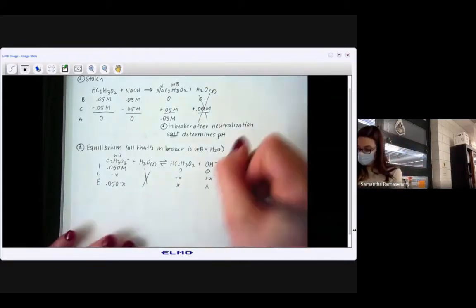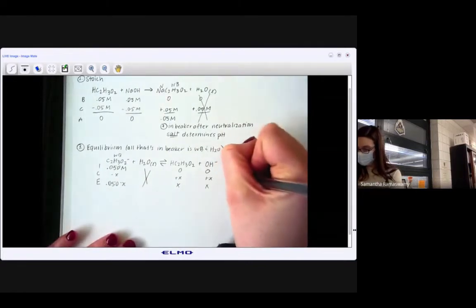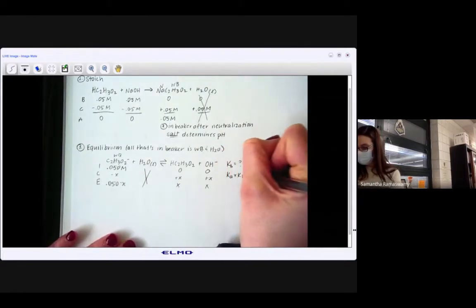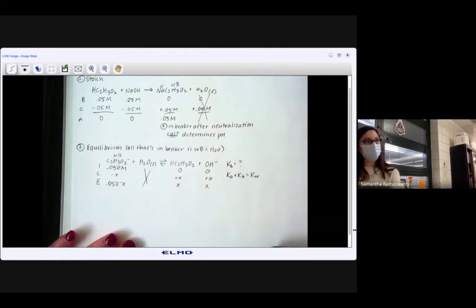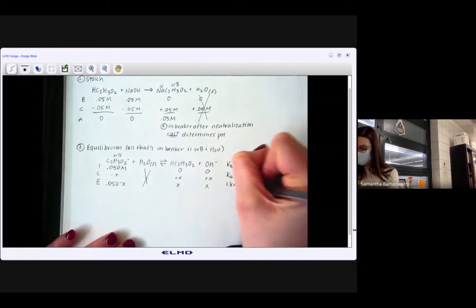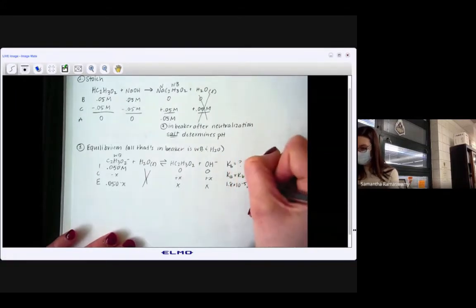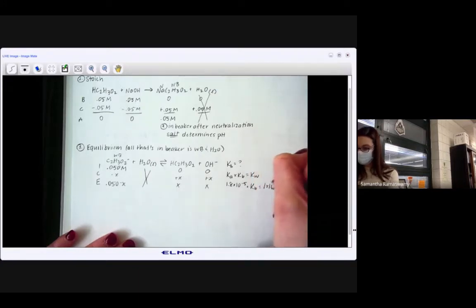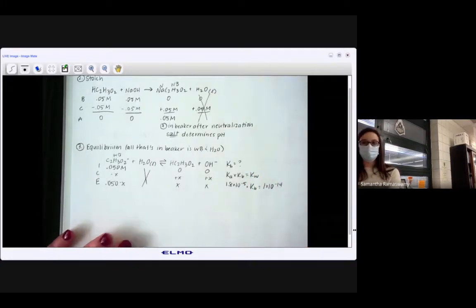And for any conjugate acid-base pair, Ka times Kb equals Kw. We know the Ka of acetic acid. It's 1.8 times 10 to the negative fifth. We can solve for Kb because Kw is 1 times 10 to the negative 14.